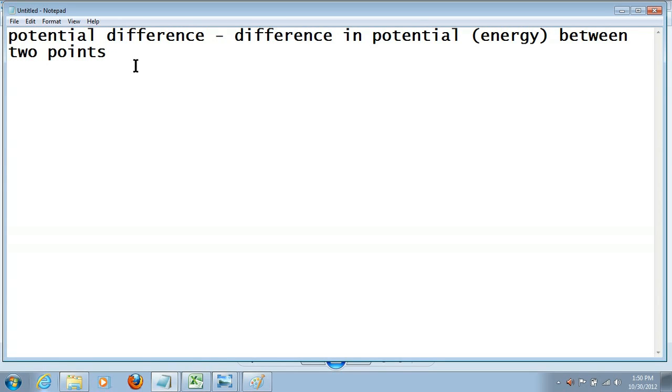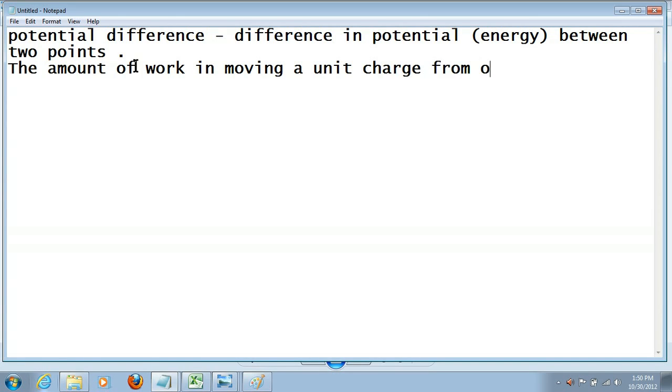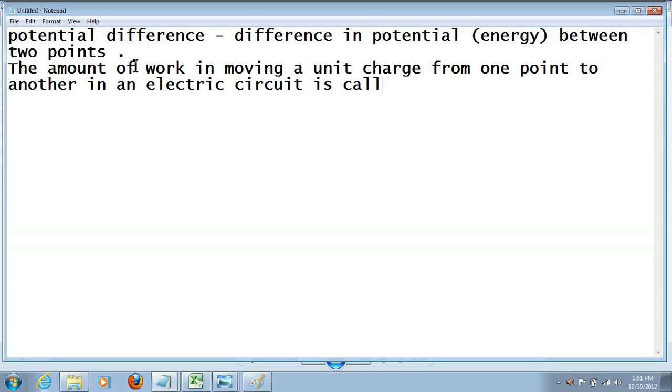So the difference in potential between two points in an electric circuit is the amount of work which needs to be done in moving a unit charge from one point to another point in an electric circuit.